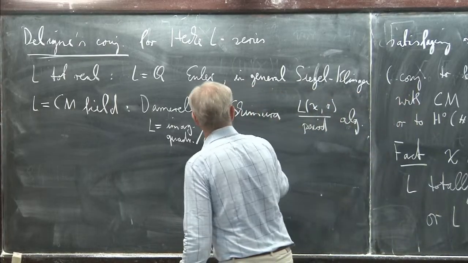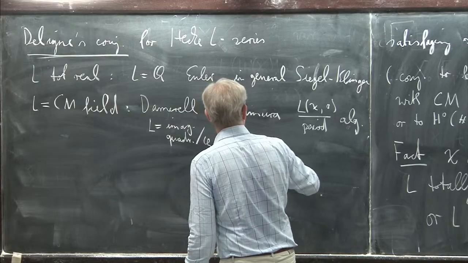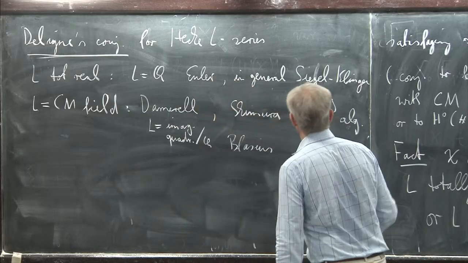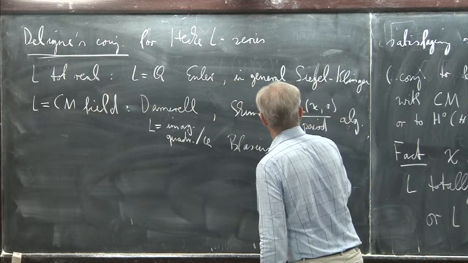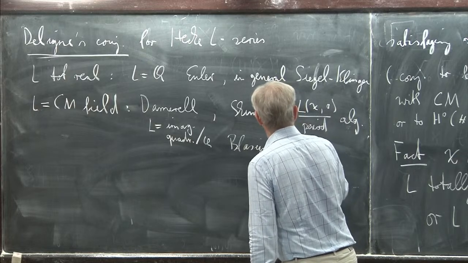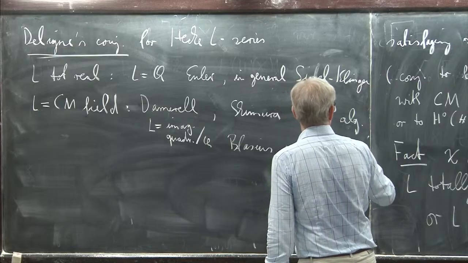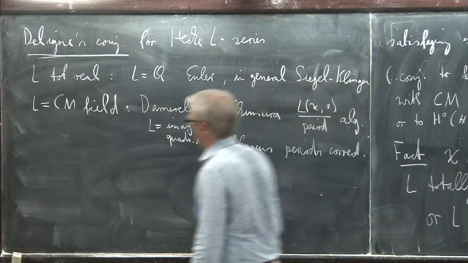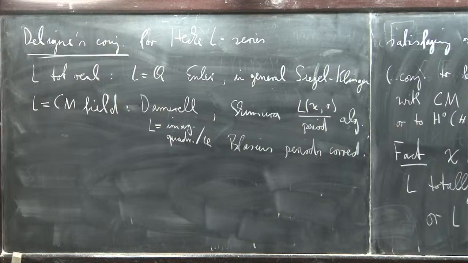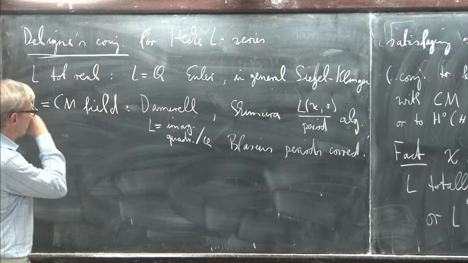This was then done by Blasius, a student of Shimura, who proved Deligne's conjecture. You have to correct the periods, but he says how one gets it, and then you prove it.